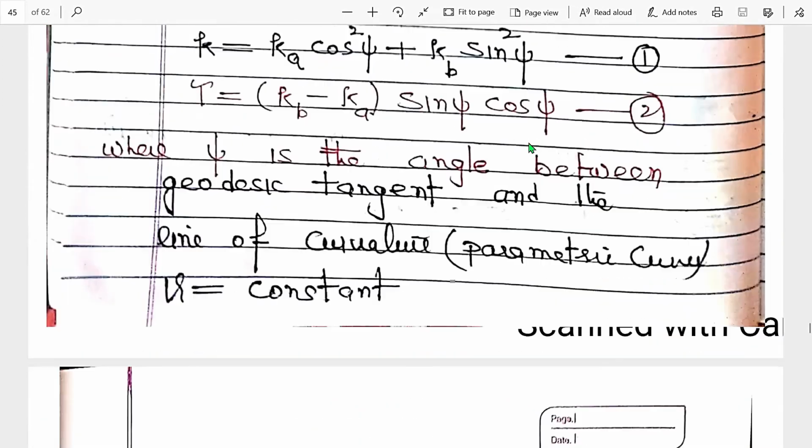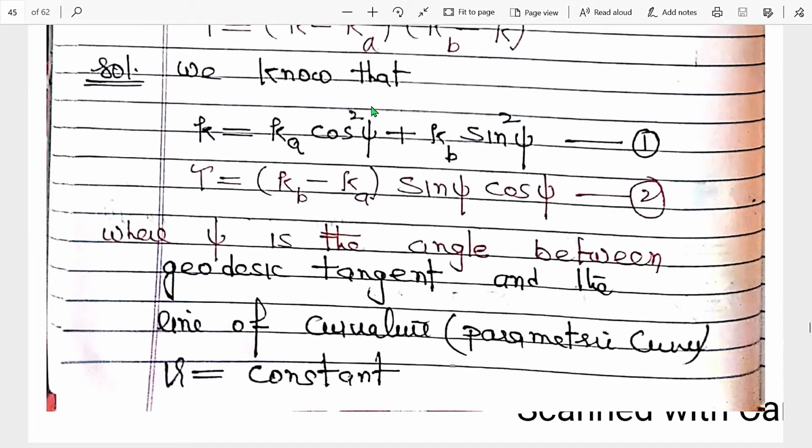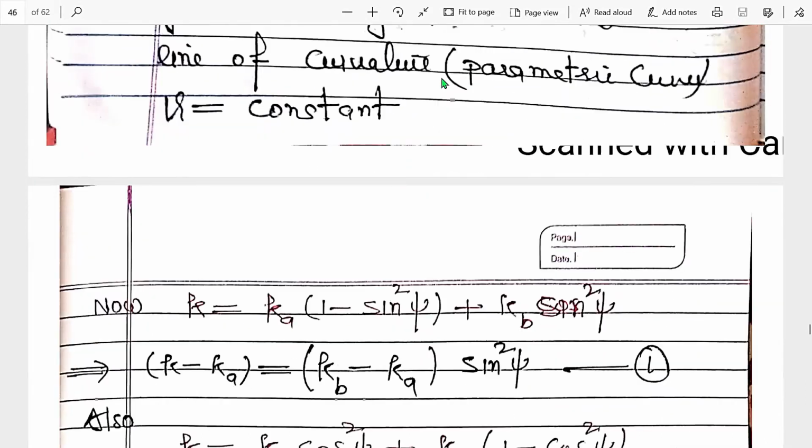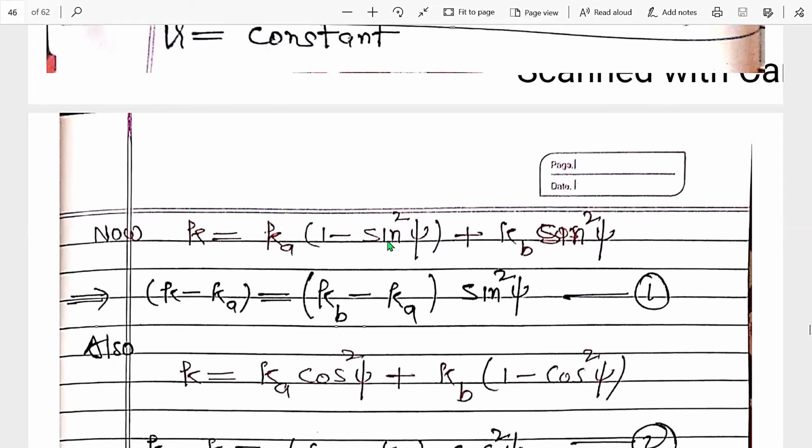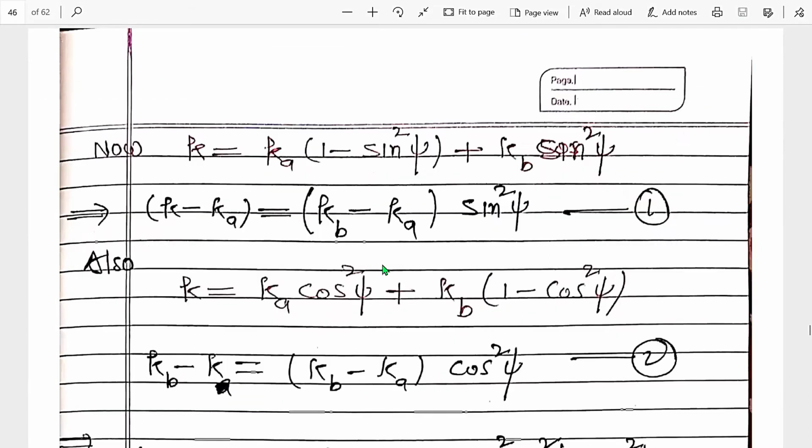Now from equation 1, we convert this equation into sine form. Cos square psi can be written as 1 minus sine square psi, plus kappa B sine square psi. So this can be written as kappa minus kappa A equal to kappa B minus kappa A sine square psi. Write this as equation number 1. Also, kappa is equal to kappa A cos square psi plus kappa B sine square psi.